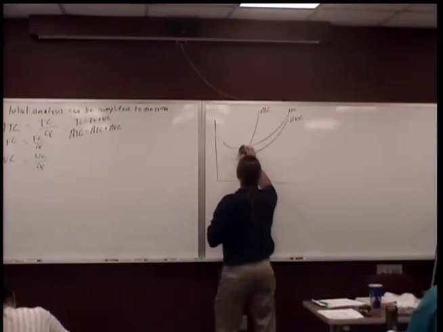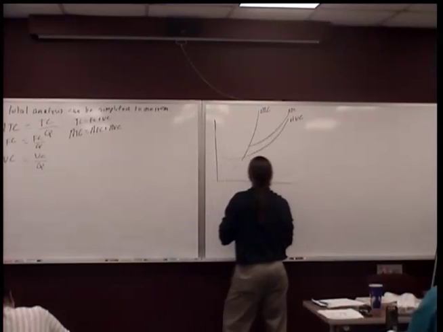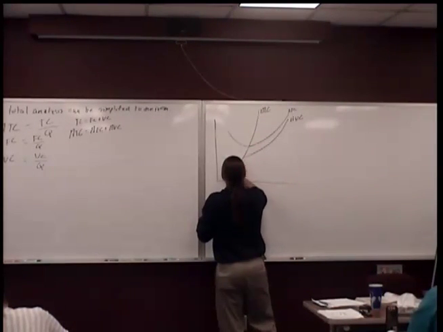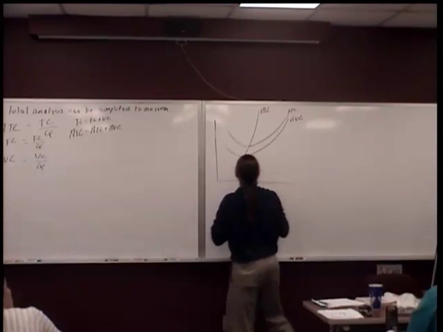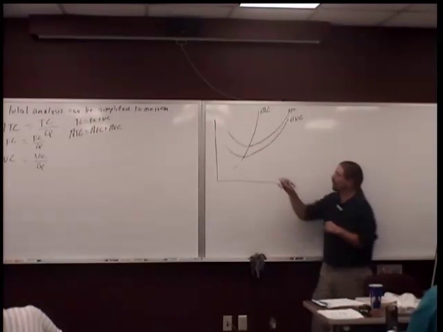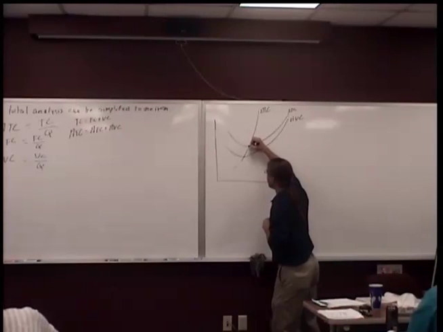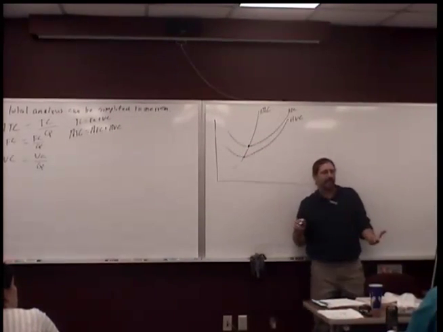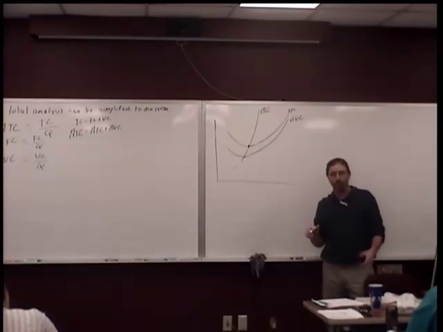And technically, if I were being really nitpicky about this graph, marginal cost goes through average total cost and average variable cost at this minimum point. And remember when I was telling you that you built a factory that's meant to have 20 workers?